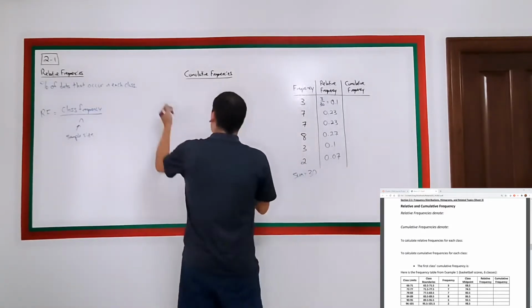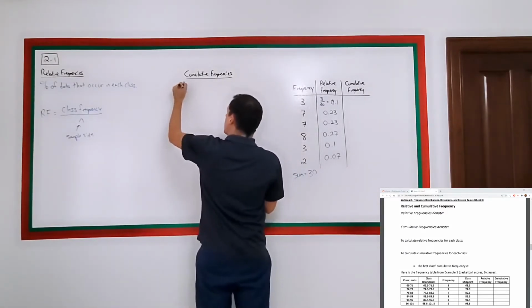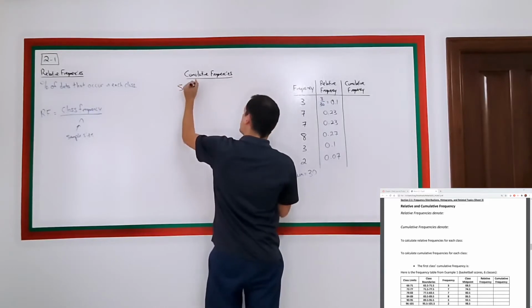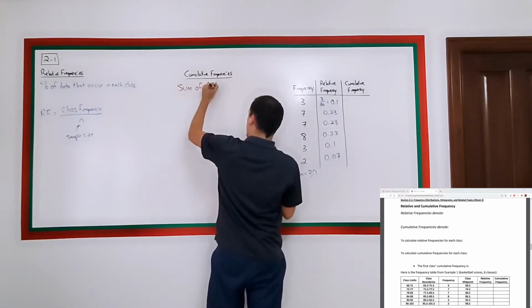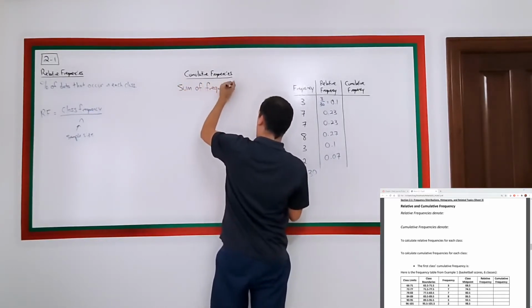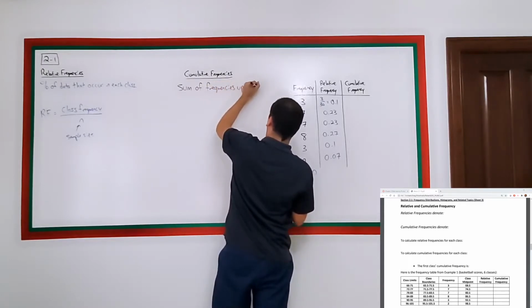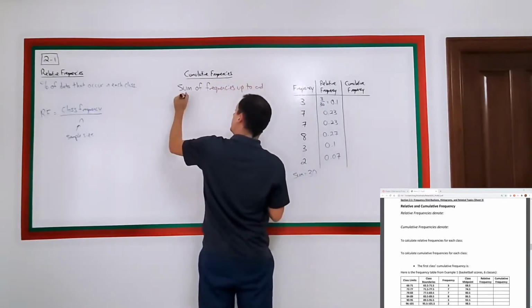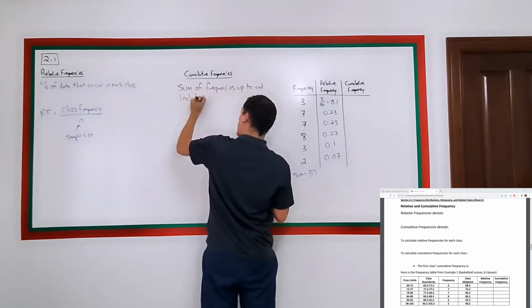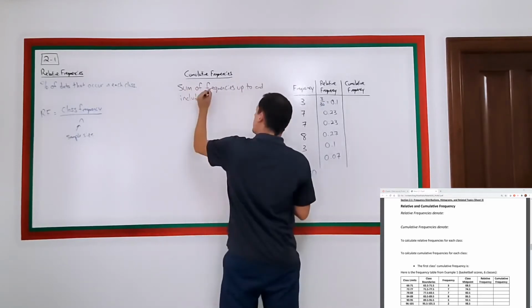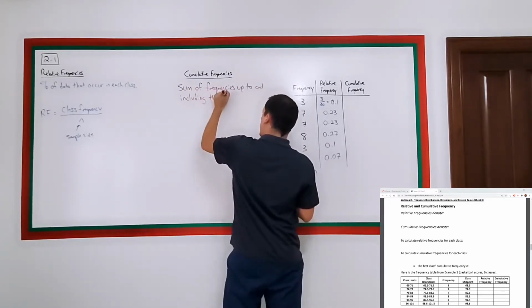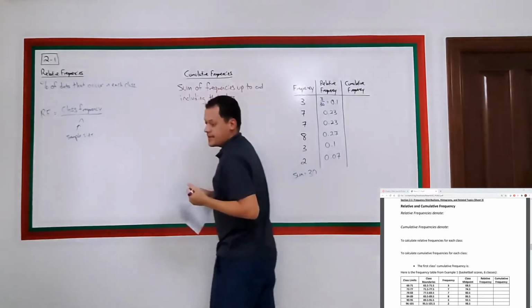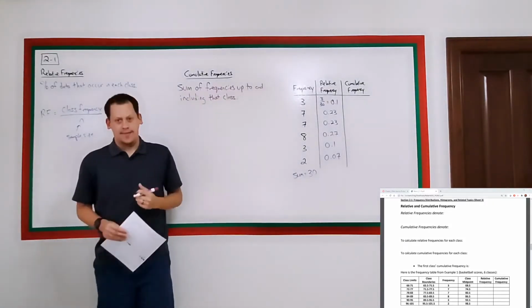Pretty simple. So this is the sum of frequencies up to and including that class. Up to and including that class.